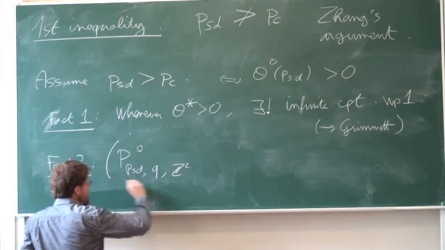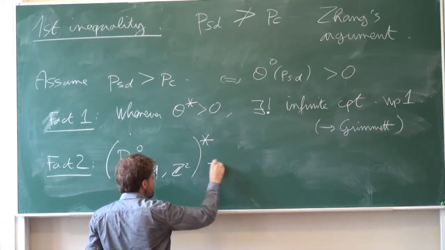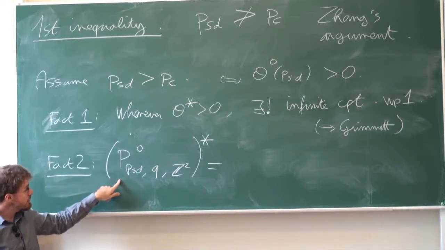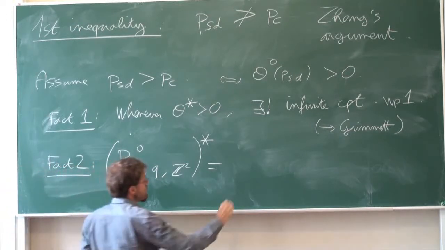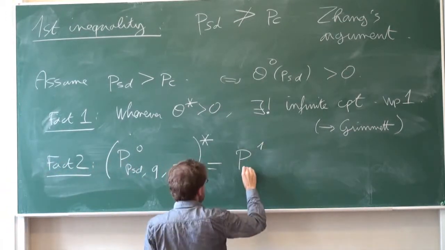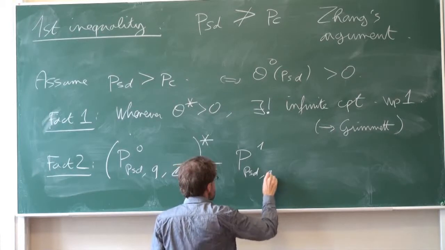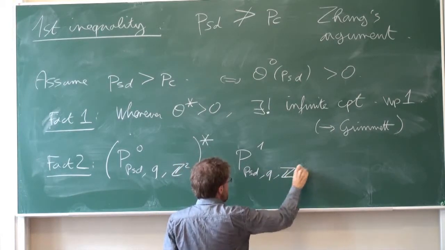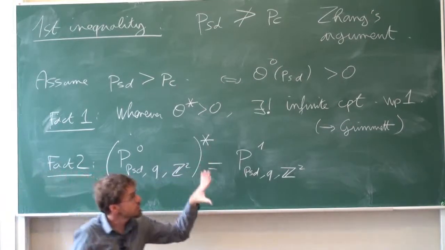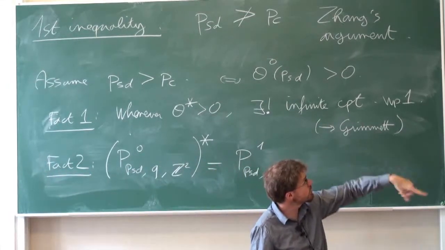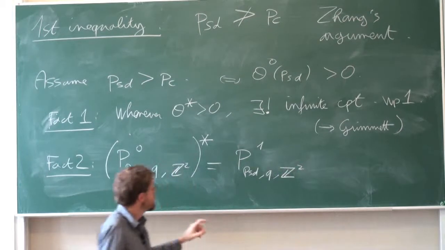So if you look at the dual measure of this, well, this is the same as P self-dual, Q on Z2 with one boundary condition. So this is P1, P self-dual, Q on Z2. This comes from the duality I introduced before. It's just going to the limits in this.